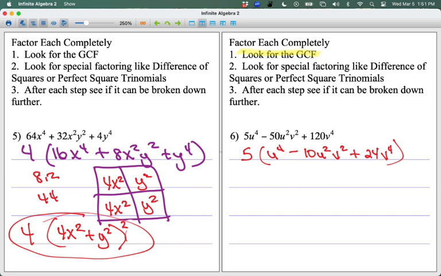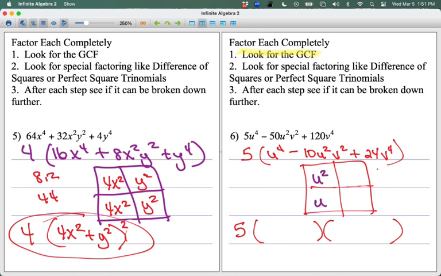That, like the one in number 5, we're going to try the box method on this. That will give us some binomials, and I don't want to forget that 5. U to the 4th, what can I plug in for that? Well, that's going to be u squared and u squared. 24, my possibilities are 2 and 12, 6 and 4, 8 and 3, and we need to make a 10.